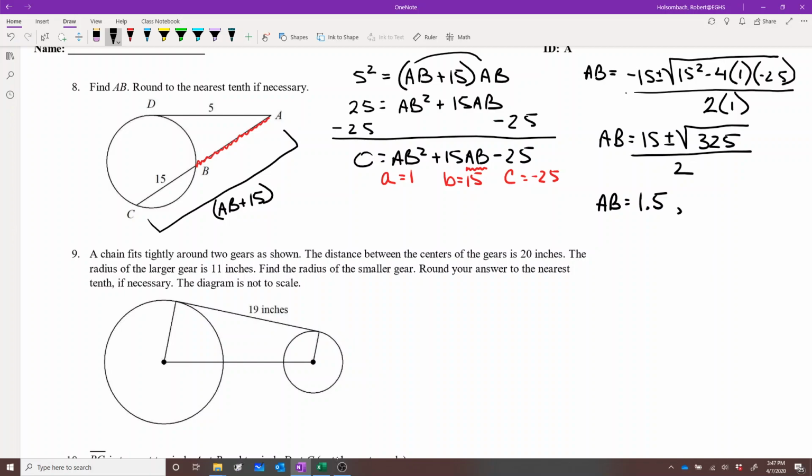And when we do our AB is equal to negative 15 minus the square root of 325 divided by 2, we get a negative 16.51. So since we're talking about the outside piece of this secant, it's not going to have a negative value. So we're not going to use this value, and our AB is equal to 1.5.